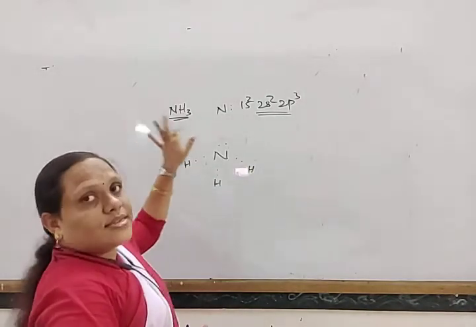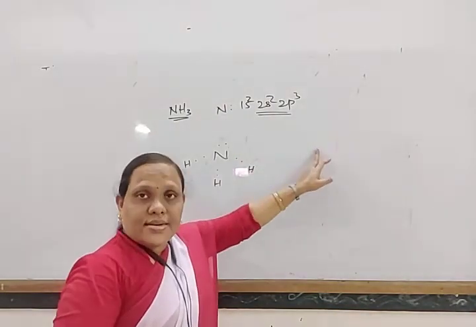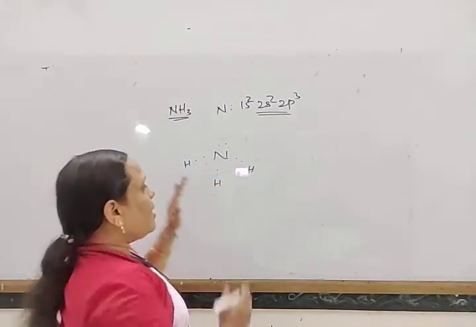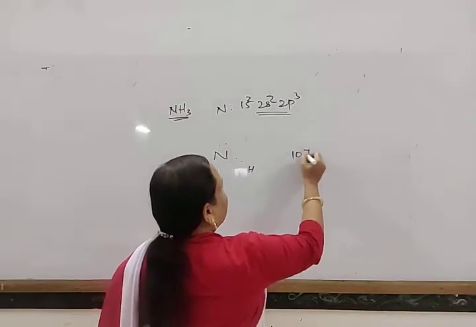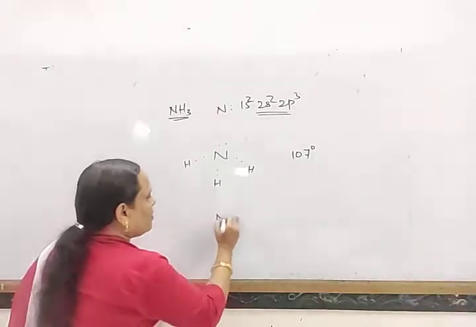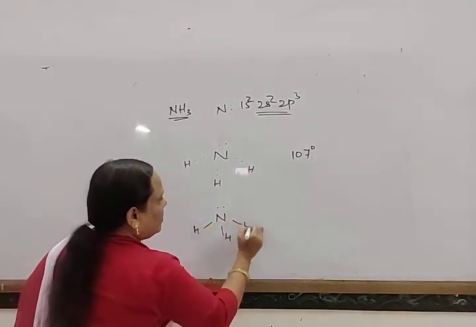The bond angle decreases from that of the regular tetrahedral angle, that is 109 degrees 28 minutes, and it becomes nearly equal to 107 degrees. So N and H and H.